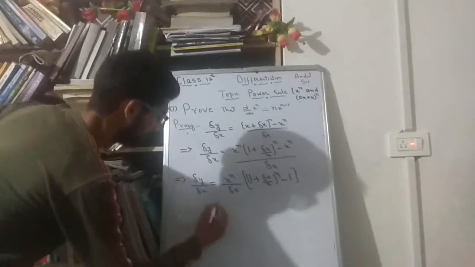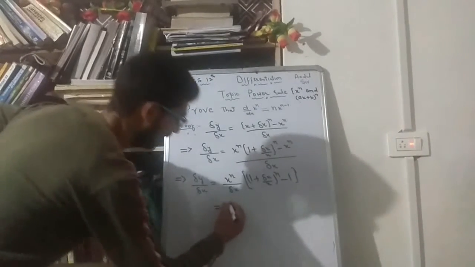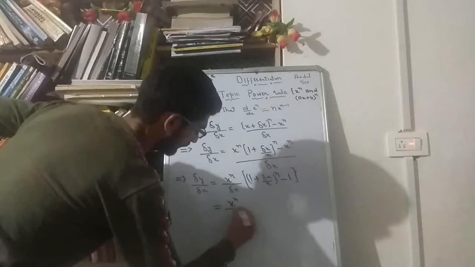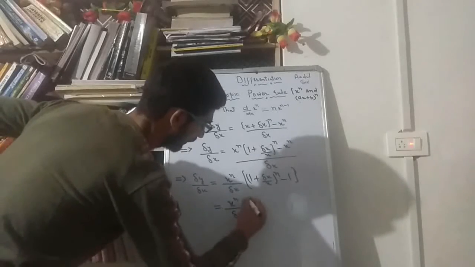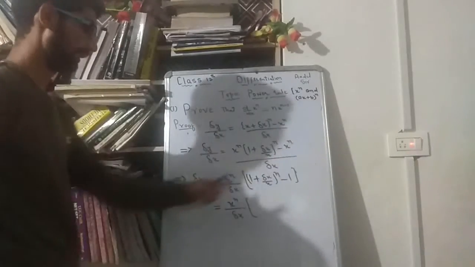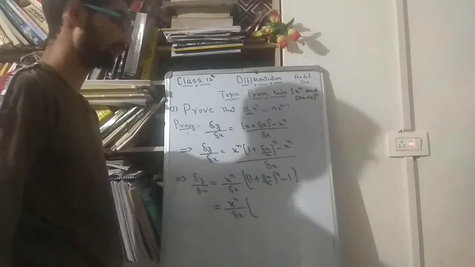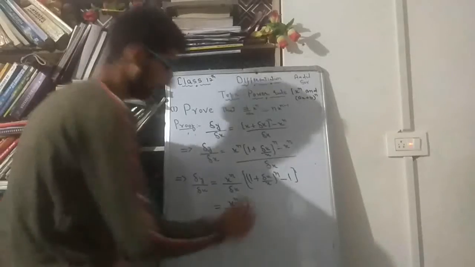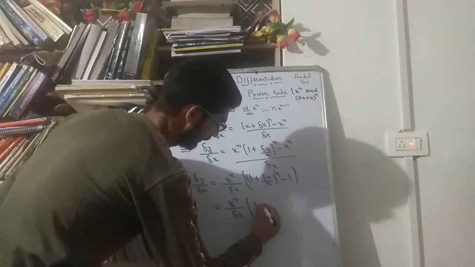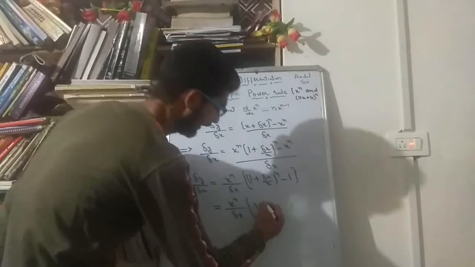So you apply here. It will be equal to x raised to the power n divided by del x. Now you check here, (1 plus a) raised to the power n is equal to 1 plus n a, and what is a here?